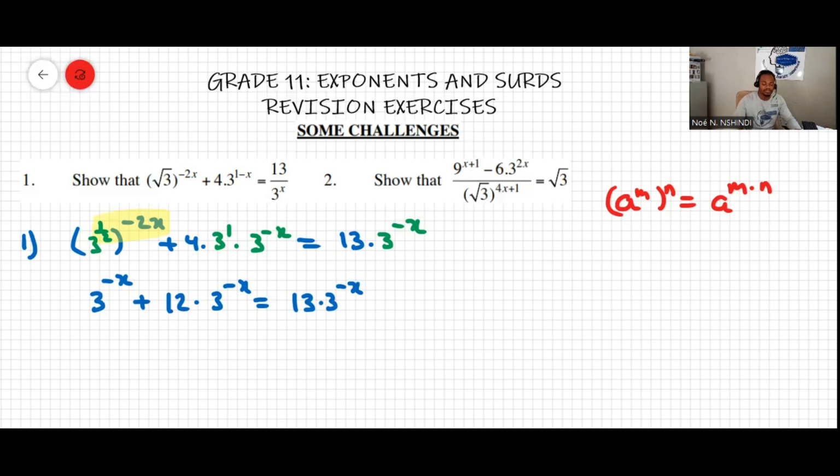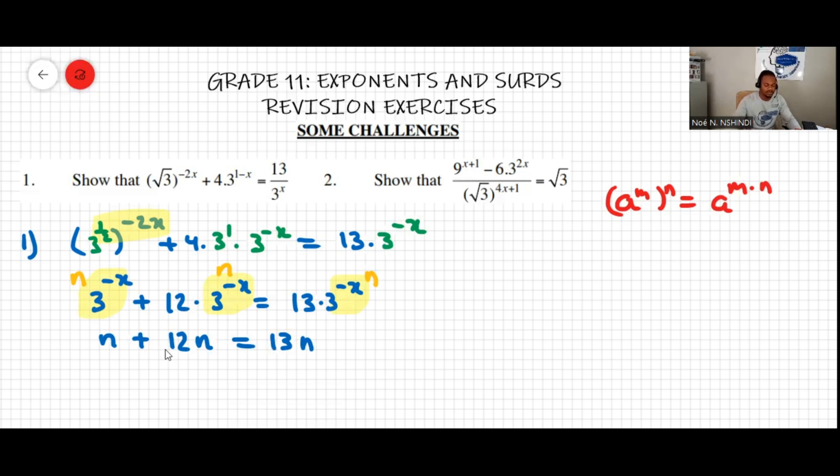Now, notice that we have 3 to the -x in each term. We can give it a name, a variable like n. Let's say this is n. This will be n plus 12n equal to 13n. That's true because n plus 12n makes 13n.